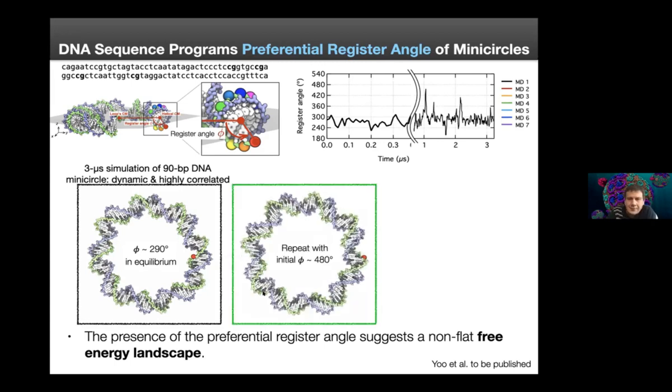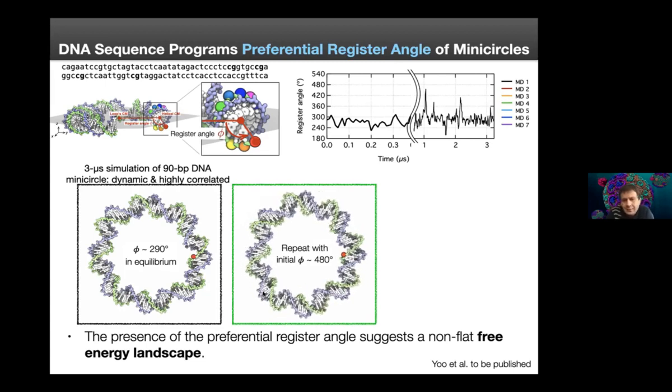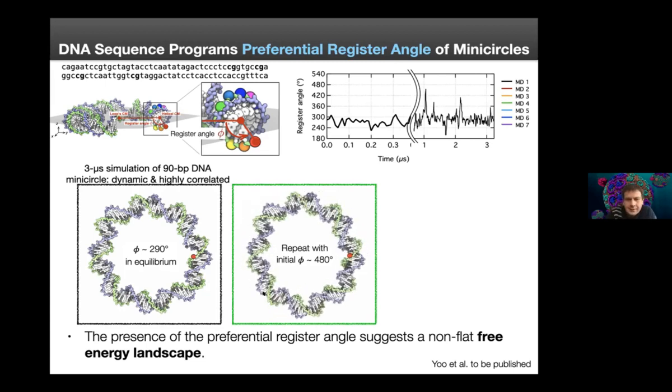If we start with a different initial conformation, the DNA quickly, within hundreds of nanoseconds, finds that equilibrium poloidal angle and stays there. We can do it many times, starting from all kinds of initial angles. It all converges to the same one if the DNA loop has the same DNA sequence.